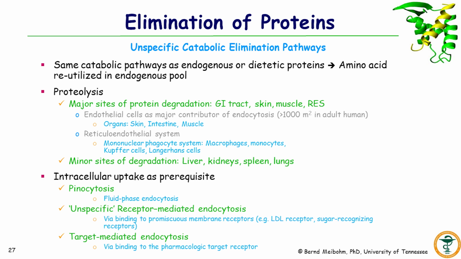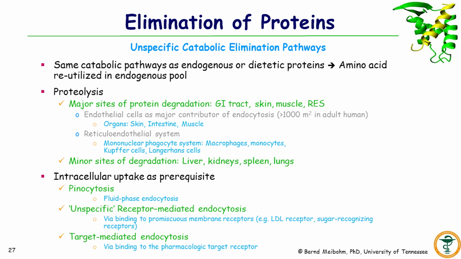The main contributors are endothelial cells that use the process of endocytosis to take up vesicles with therapeutic proteins and then subsequently process those vesicles and degrade the proteins within them.